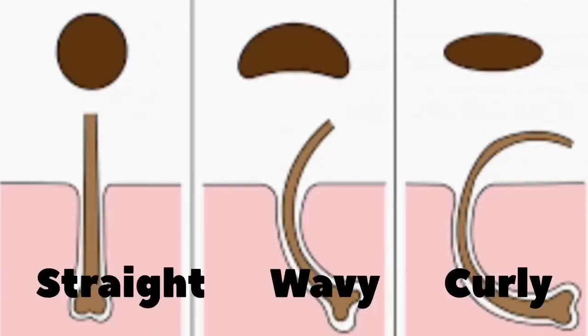Picture the hair follicle as an oval shape. As the hair strand grows out from that hair follicle, the size of that oval will determine the type of curl that you get. For women that have a 4C hair texture, their hair follicle is like a flat oval. It's almost completely flat, a very tight, very narrow oval.